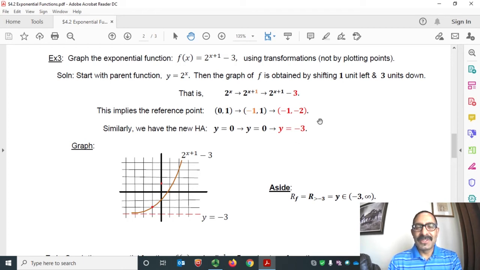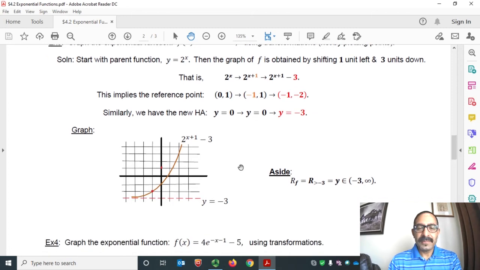Now let's use these two pieces of information to sketch the graph of this given exponential function. Here is -1, and -2. This is the point (-1, -2). And y equals -3 is the horizontal asymptote.